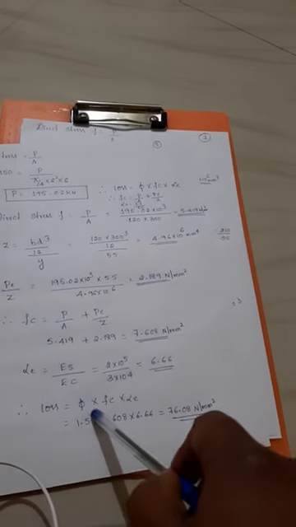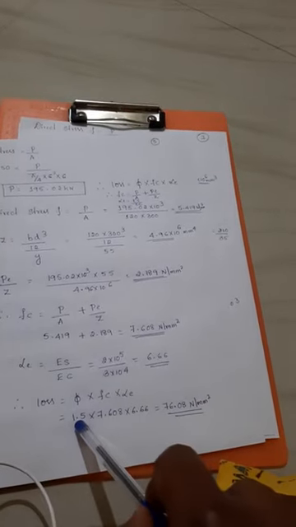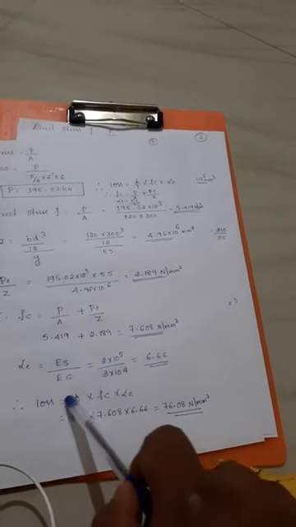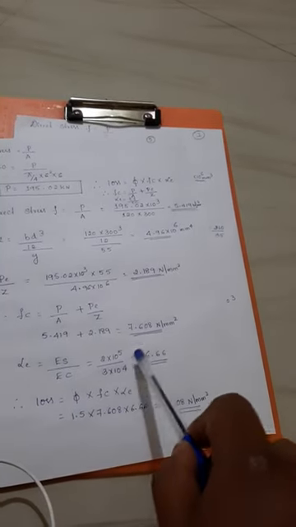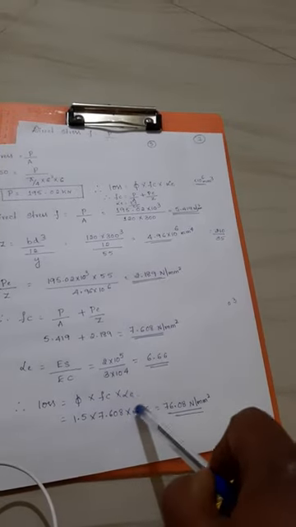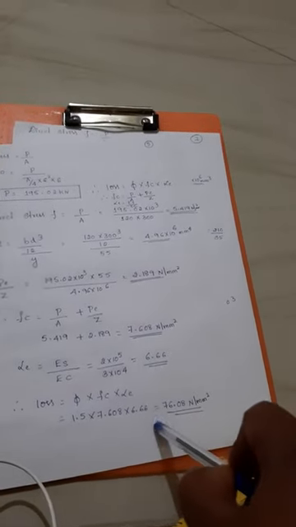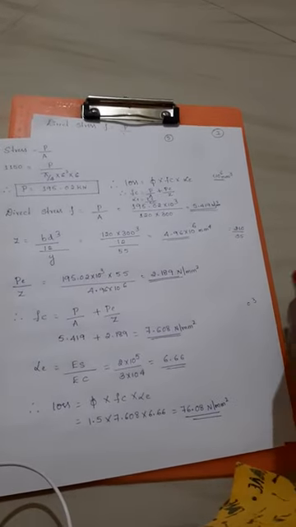Loss is phi into fc into alpha e. Phi is 1.5, the creep coefficient mentioned in the question, fc you have calculated as 7.608, and alpha e is 6.66, so you will get your loss as 76.08 Newton per mm square.